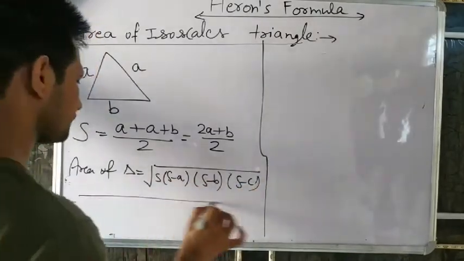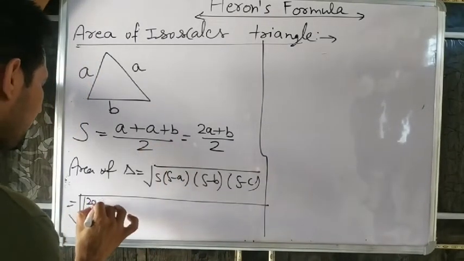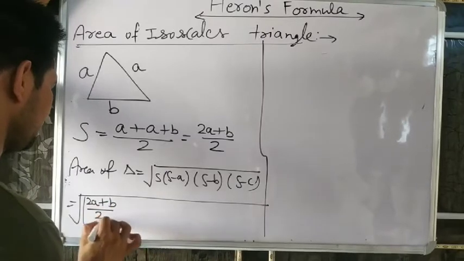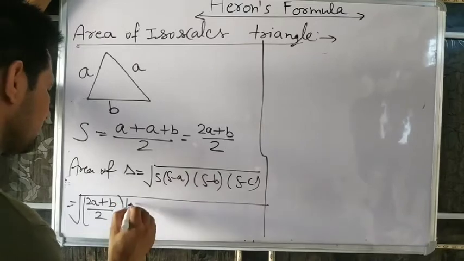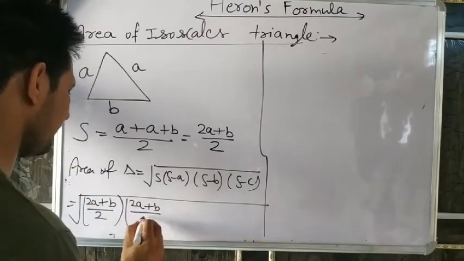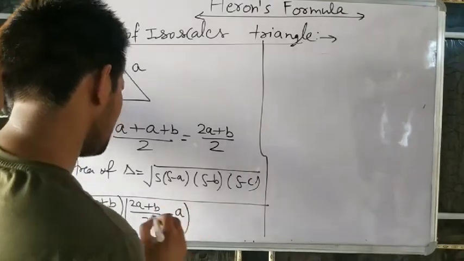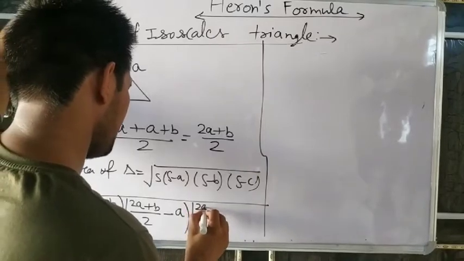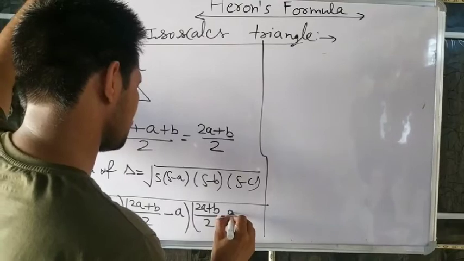So here we write s. s is how much? 2a plus b divided by 2. Next, semi-perimeter minus first side: 2a plus b divided by 2 minus first side a. Again 2a plus b divided by 2 minus second side, which is also a.